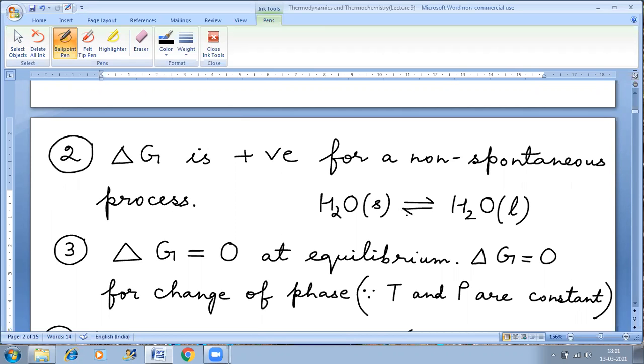For any kind of phase transition at constant temperature and pressure, delta G is equal to zero. So melting of ice is an example. If I say that at 0 degrees Celsius, ice and water are present in equilibrium with each other, then delta G for this process is equal to zero.